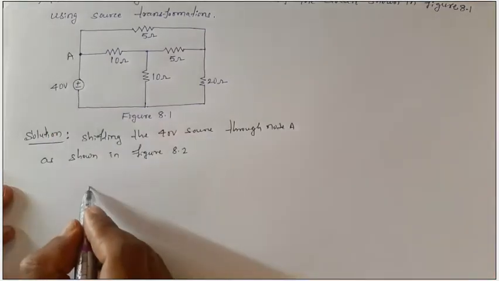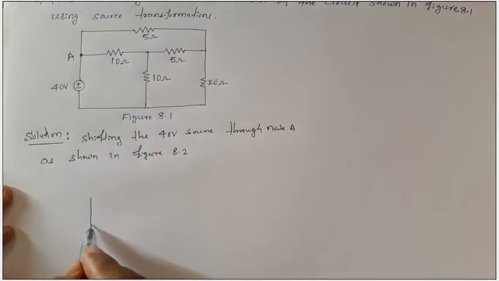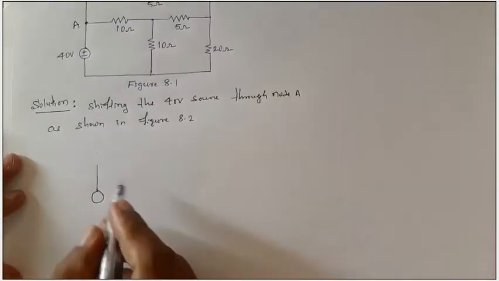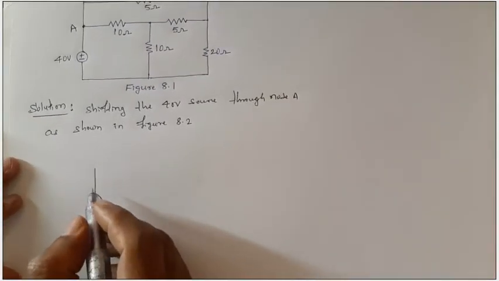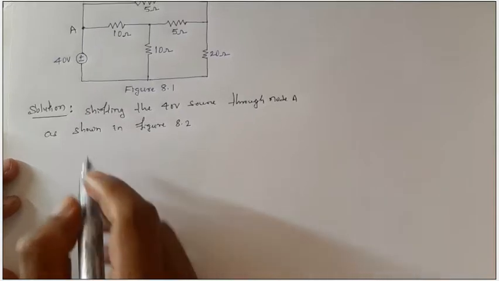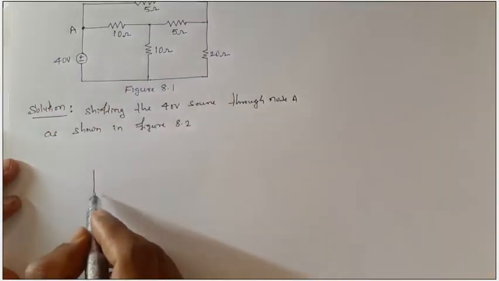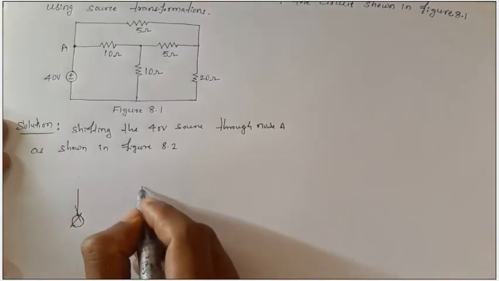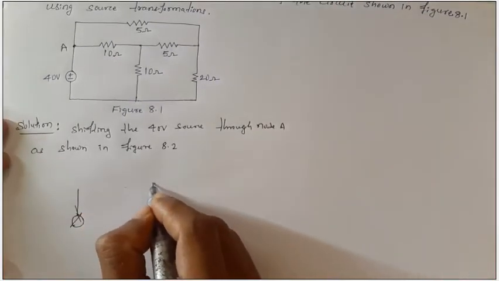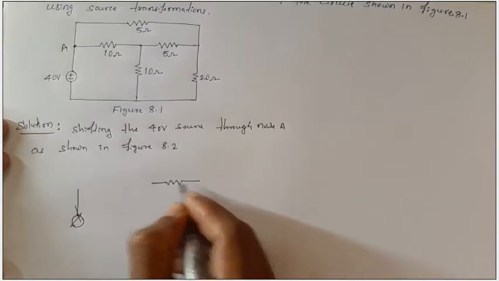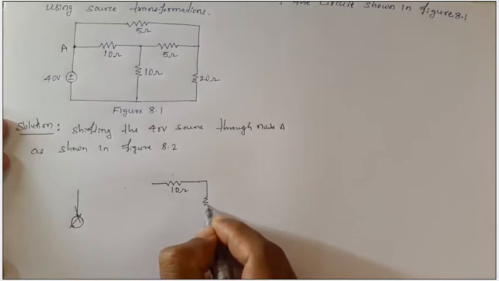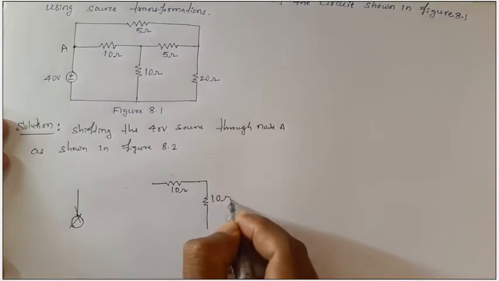Here if I draw it, I'll draw the figure. First, this particular 10 ohm resistor as it is, and this is a 10 ohm resistor as it is.